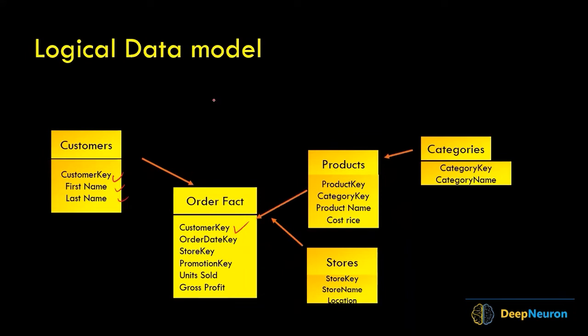Also, in the logical data model we implement the business rules. For example, the customers table or entity should have at least one unique identifier, something like customer key. The customer will dictate all the business rules, and you need to capture them as part of your design document.